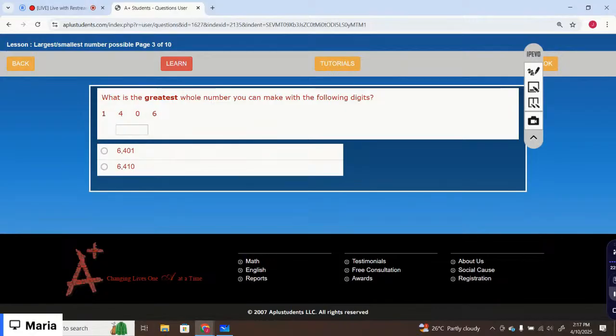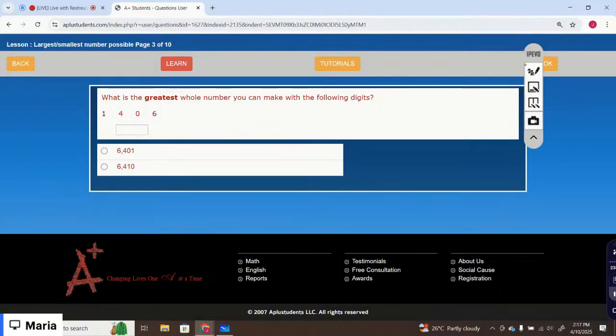What is the greatest whole number you can make with the following digits? Now you need to make the greatest number. So which is the correct option?